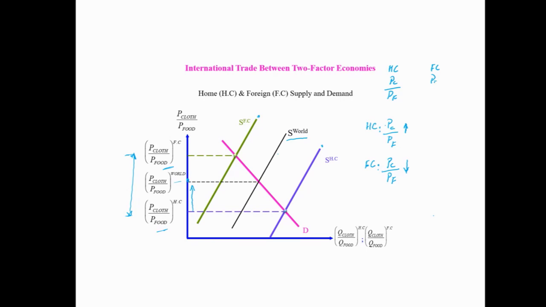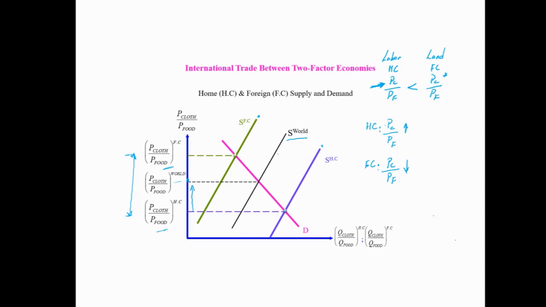So for the home country, the relative price of cloth over the relative price of food, and for the foreign country, let me write that down up here. In the labor abundant country, the relative price of the labor intensive good, which is cloth, is lower. The relative price of the labor intensive good is lower in the home country. So looking at this, what are the patterns of trade?